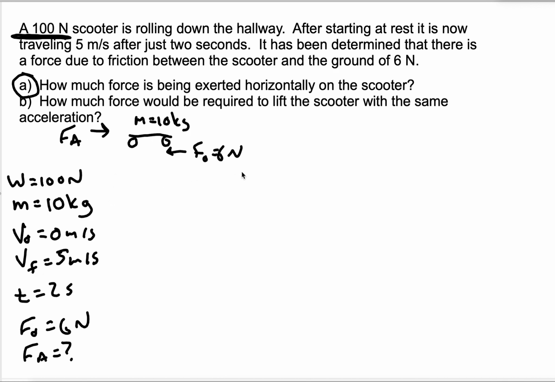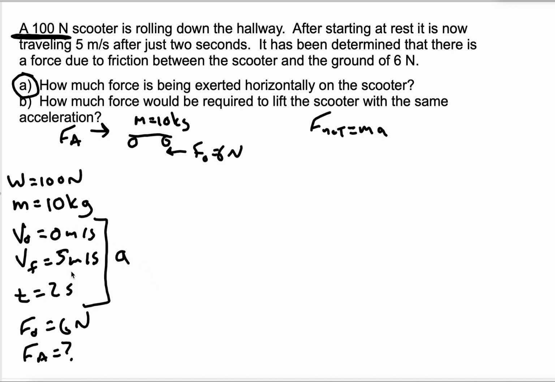That's my question mark. Now I know that F net equals mass times acceleration. I know the mass, but I don't know the acceleration. Do I have what I would need to solve for acceleration though? I know you guys are smart enough to know the answer is yes to that.